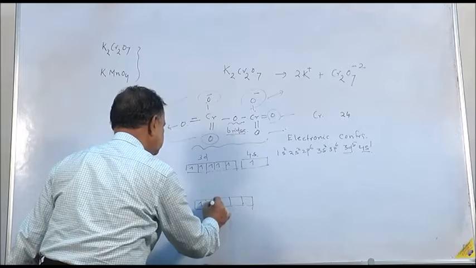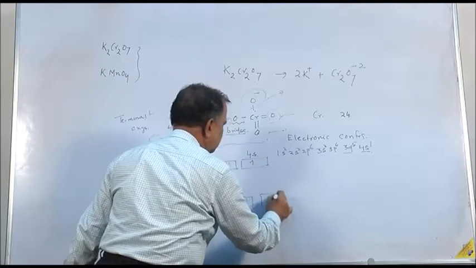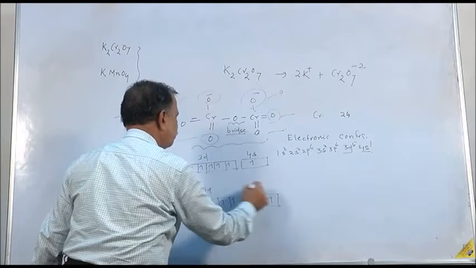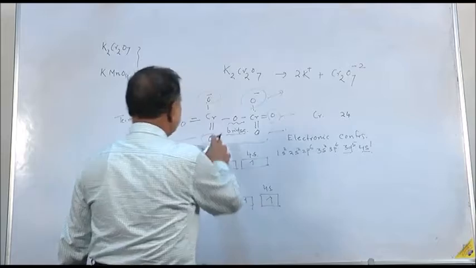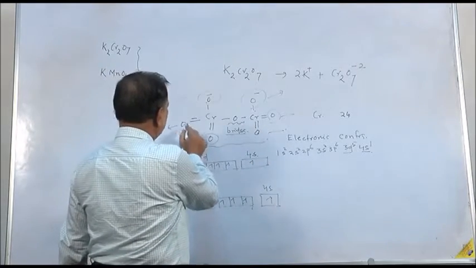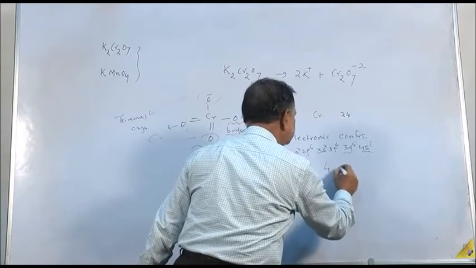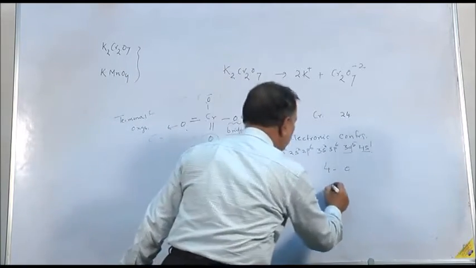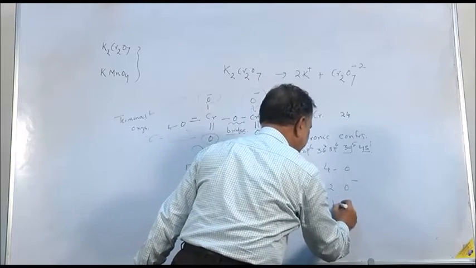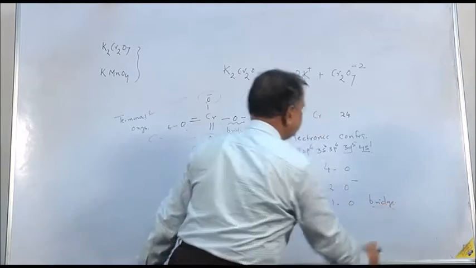4s1, 3d5, 4s1. Now, there are 7 oxygen atoms. Out of 7 oxygen atoms, there are 4 O, 2 O minus, and 1 makes the bridging oxygen. One oxygen is the bridging oxygen, the bridge group.